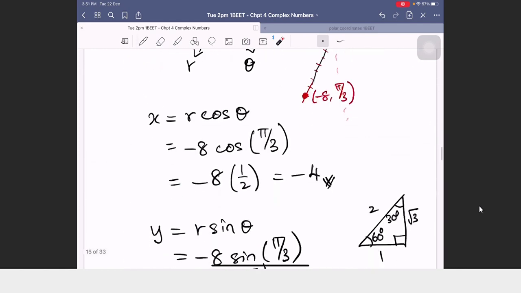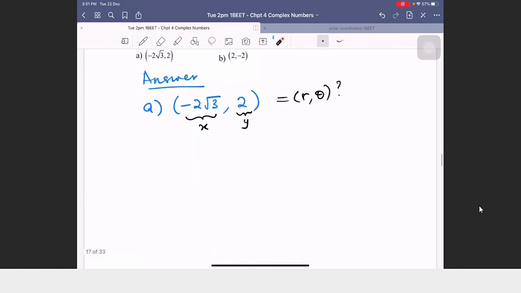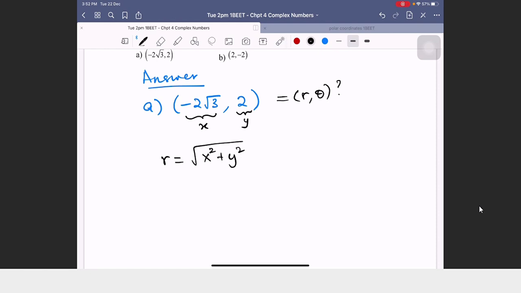Now, if you straight away compute r equals square root of x squared plus y squared.